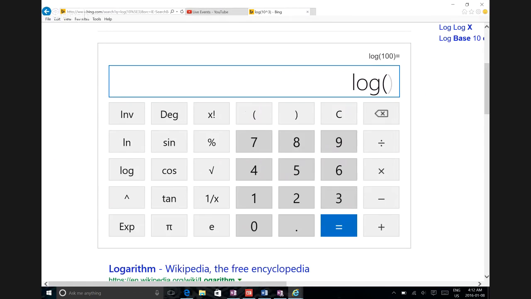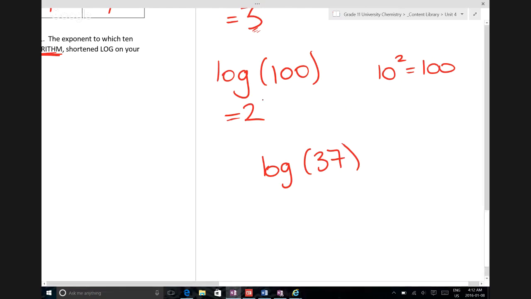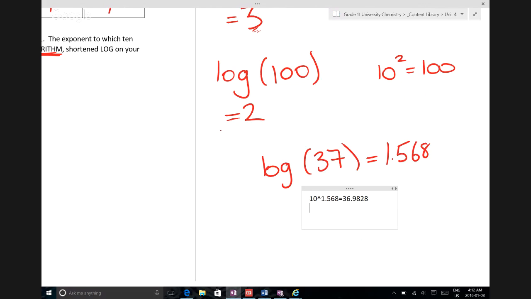So I can say log of 37, press equals, and it will tell me that I have to put 10 to the exponent 1.568. And we can test that. If I do 10 to the exponent 1.568, it gives me 37. All right, 36.98 is basically 37.